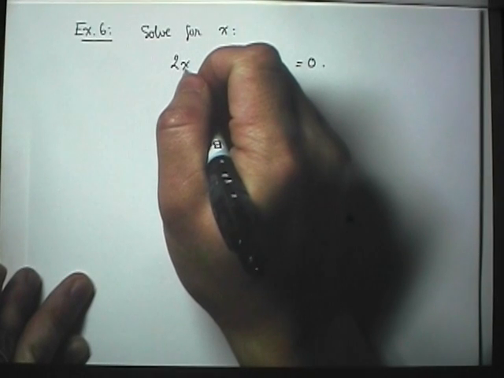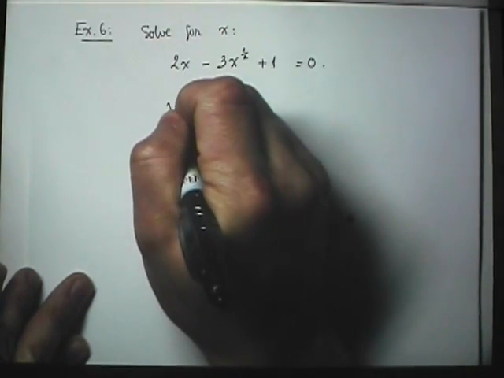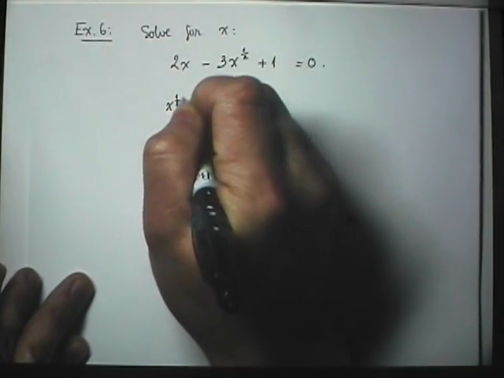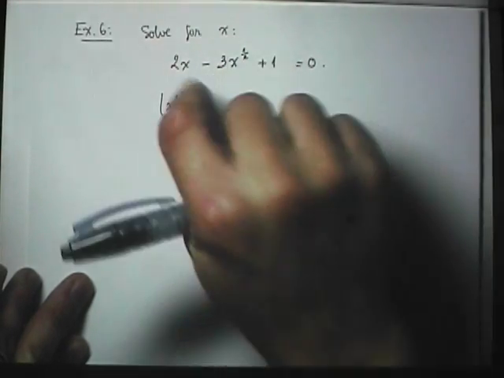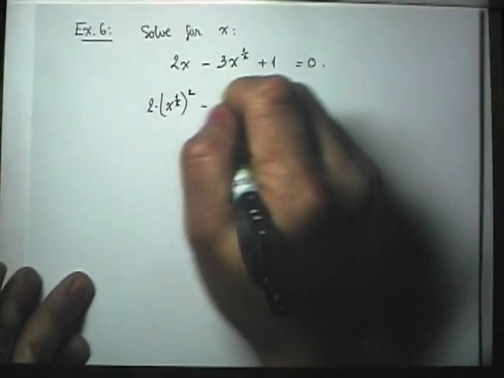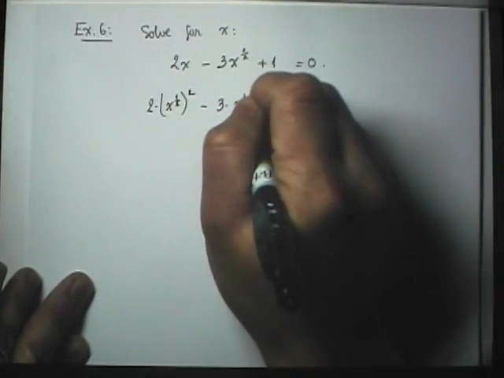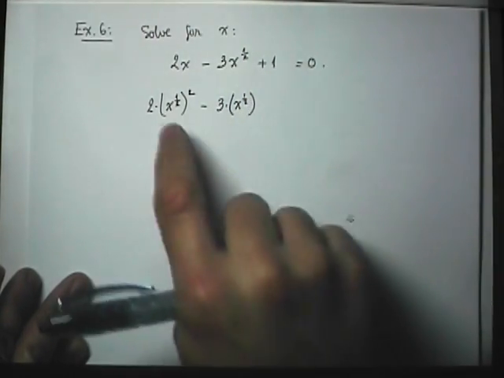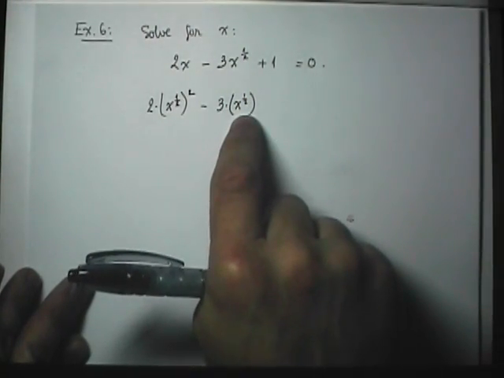So now I can rewrite the x here as x to the 1/2, and I square that power. That's what happened to my x variable. And then I put a 2 here. Okay, and minus 3 times x to the 1/2 power. And here I'm seeing my repeats of the x to the 1/2 power.